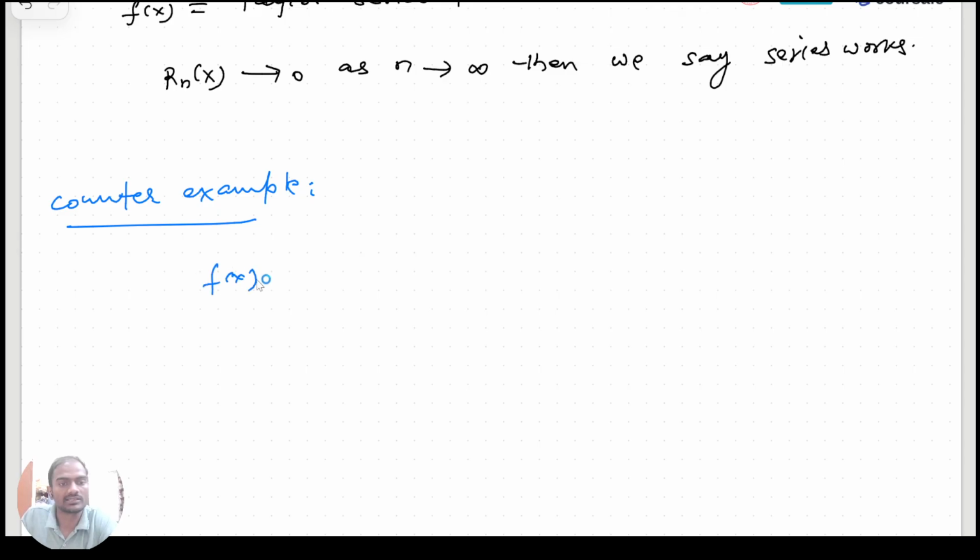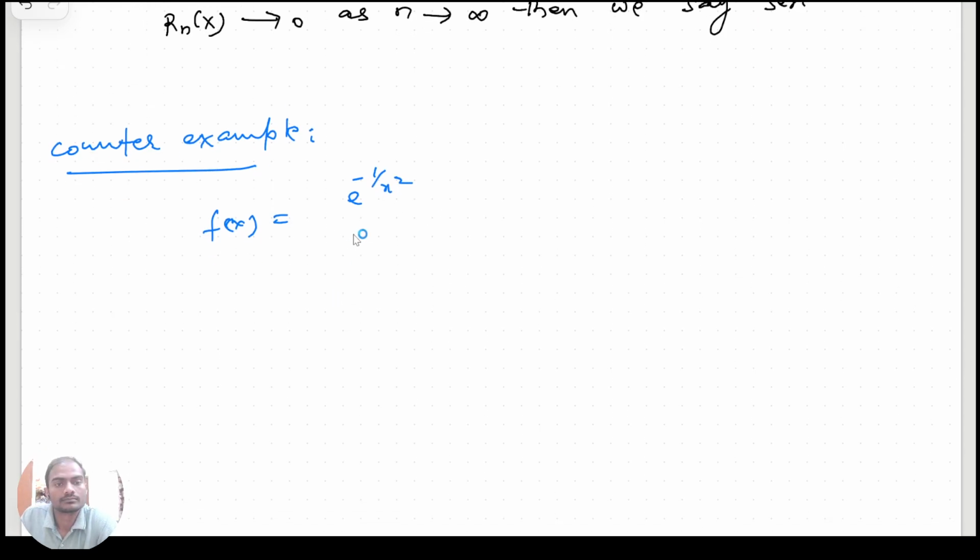Counter example. Suppose we have a function like this, f(x) equal to, okay, ये एक पीस वाइज फंक्शन है जिसमें फर्स्ट डेफिनेशन ऐसा है जहाँ x जीरो नहीं है और ये x इक्वल टू जीरो पे जीरो है.